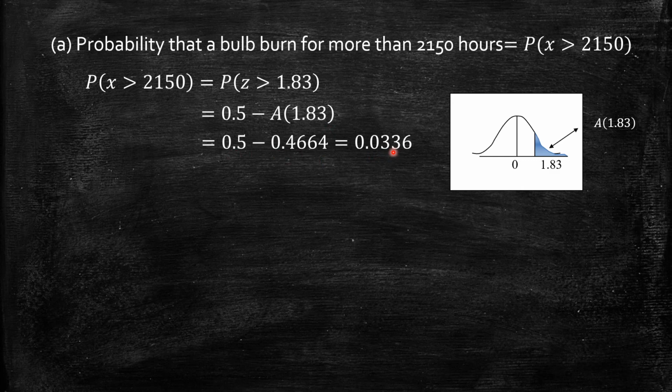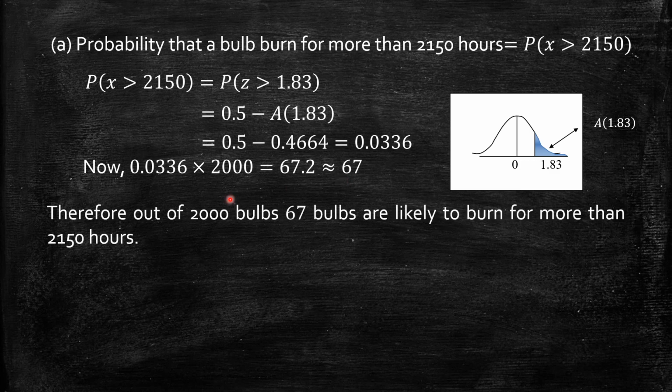But here I want the total number of bulbs out of 2000, so we multiply, which gives 67.2. Since it is a number of bulbs, it is rounded to the nearest integer, 67. Therefore out of 2000 bulbs, 67 bulbs are likely to burn for more than 2150 hours.